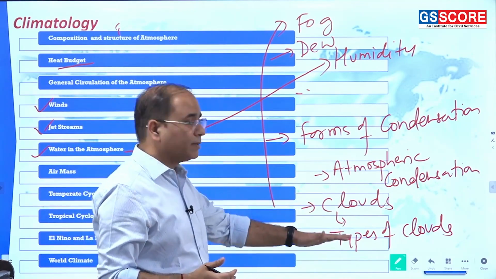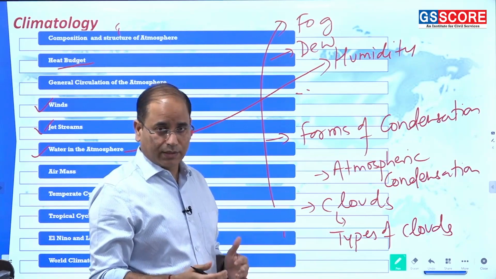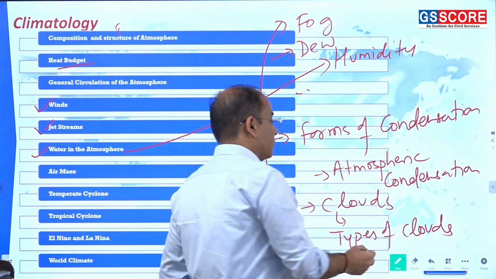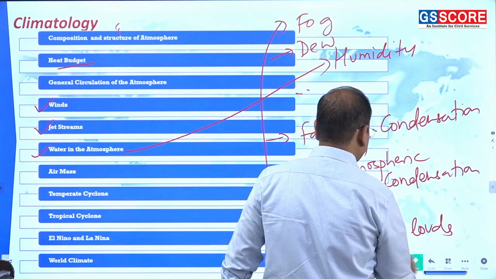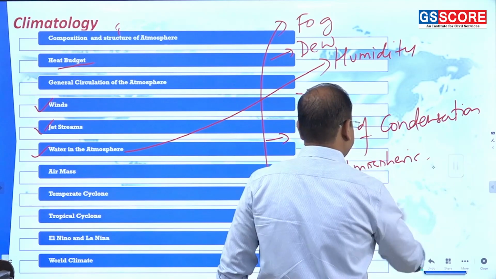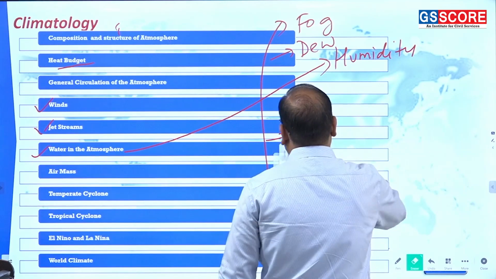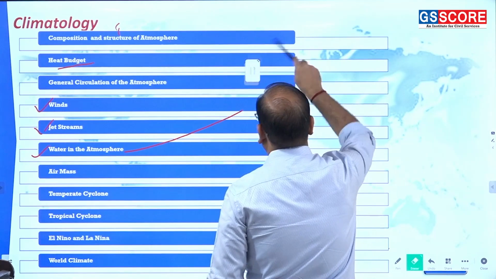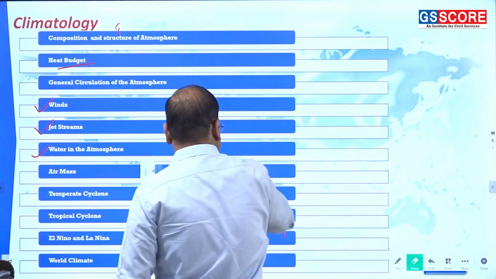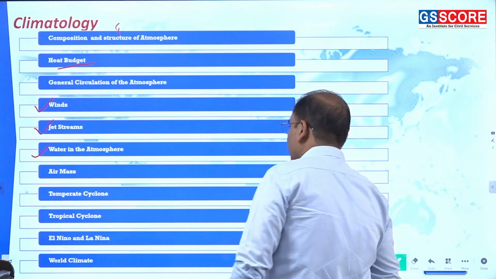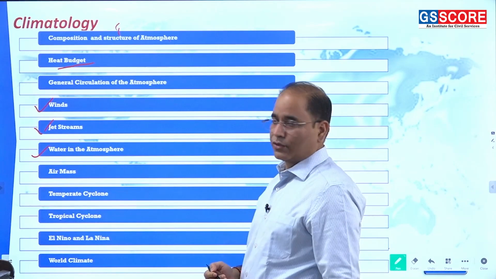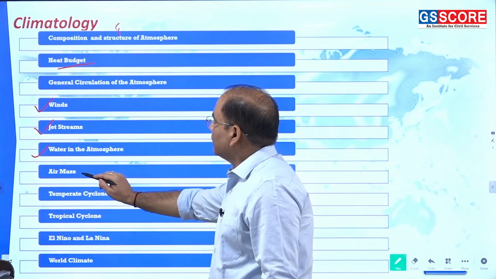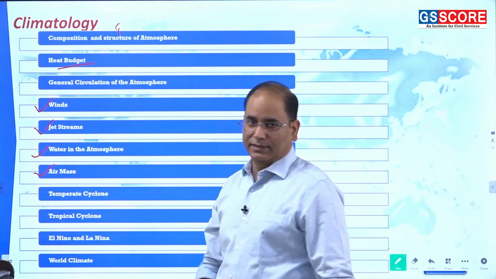So all the types of clouds you are supposed to study, which are the rain bearing clouds, because it is the cloud that will be associated with the next two topics that come under the atmospheric disturbances. So now moving to the next topic, that is air mass.